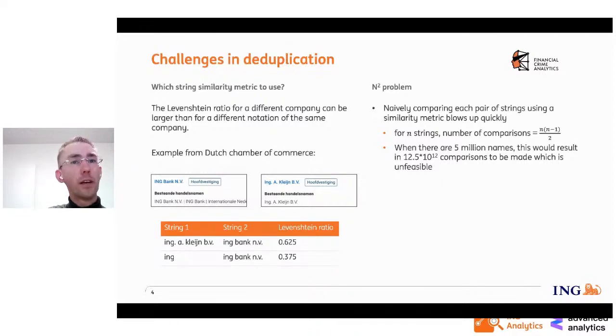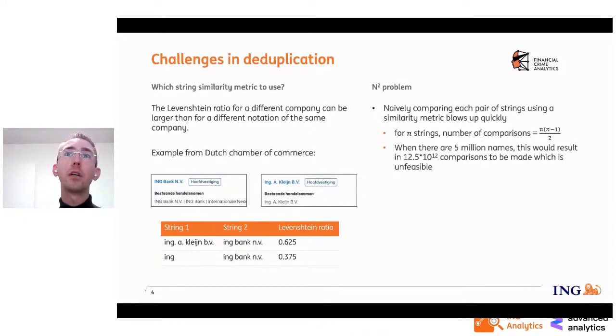That means that this ratio gives a lower number, so less similarity, for two strings that actually belong to the same company. So the main message here is that there is no single string similarity metric where you can set a threshold and say above this threshold, two company names are the same, and below they are different companies. So that's the first problem.